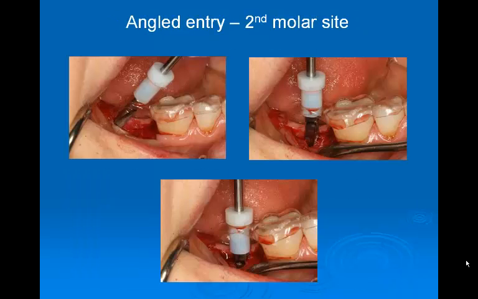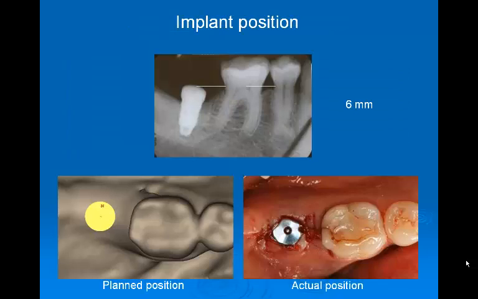Twist drills with drill stops were placed at an angle, straightened, and placed into the previous osteotomy to depth. As shown in these slides, the implant position is optimal and replicates the position that was determined in the surgical plan.